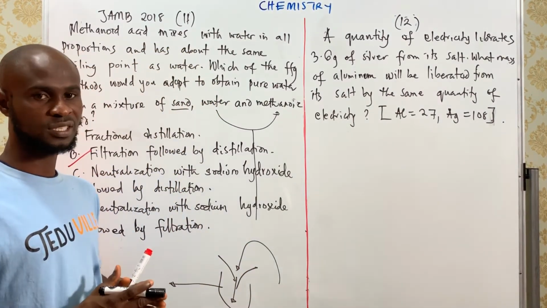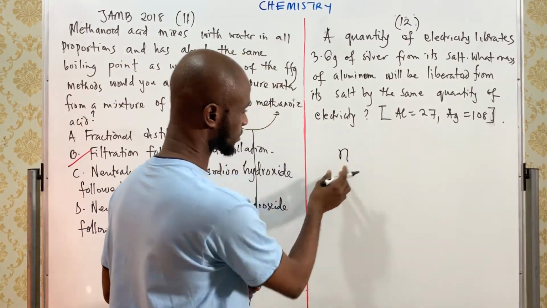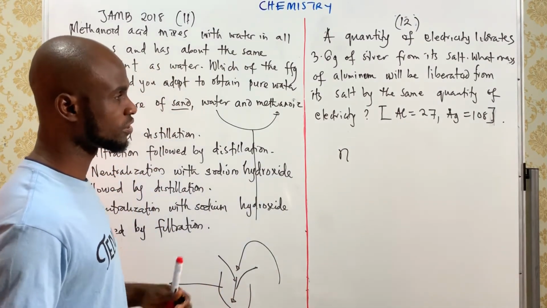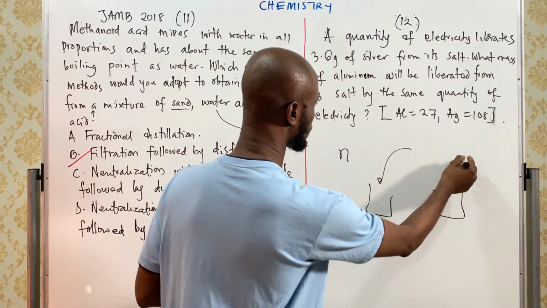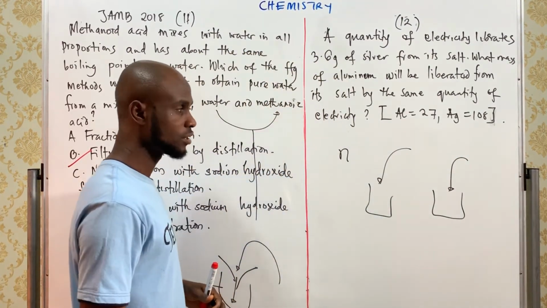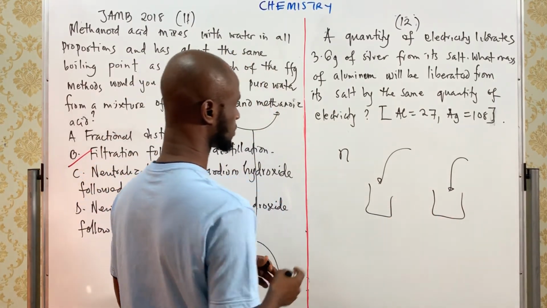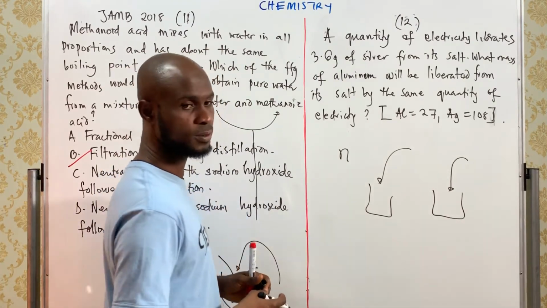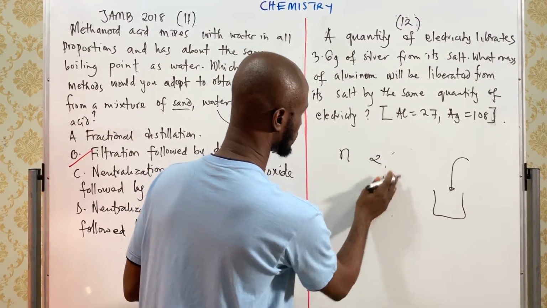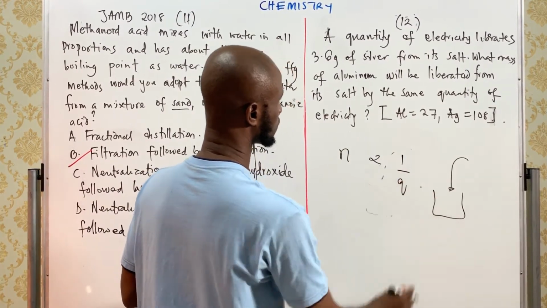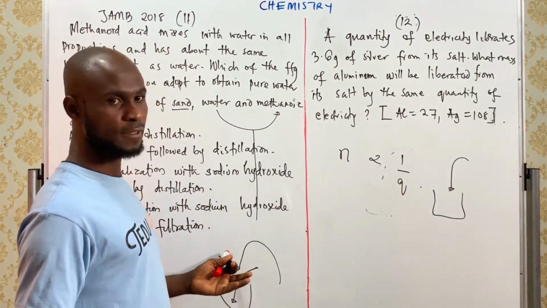I think it's talking about the second law of Faraday's law of electrolysis, which says that when the same quantity of electricity is passed through different electrolytes, then the amount of substance, that's number of moles of substance, produced is inversely proportional to the charge on the ion.